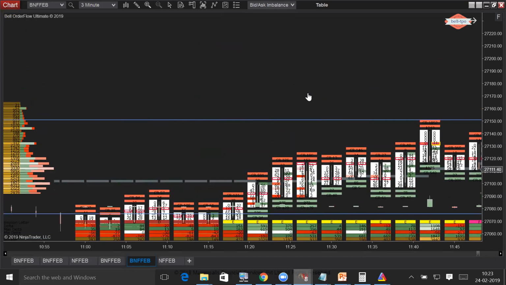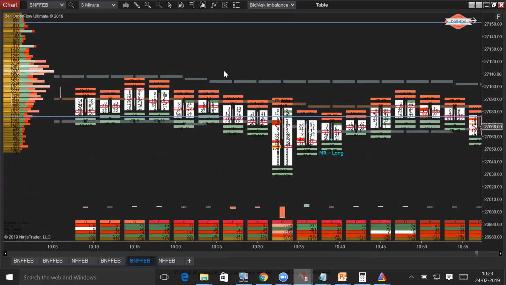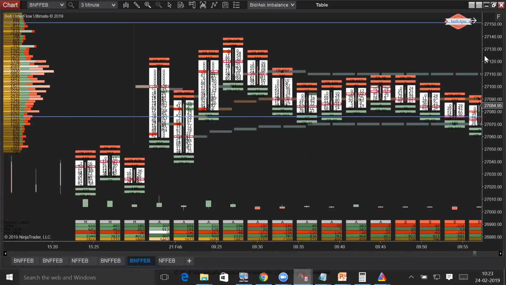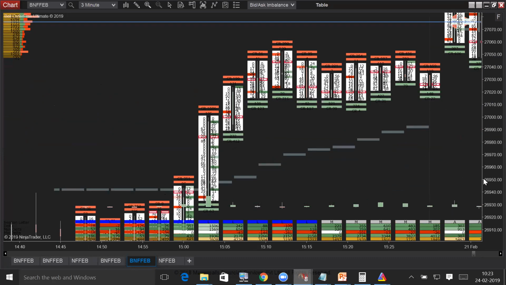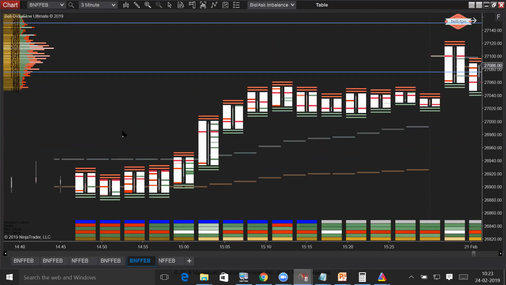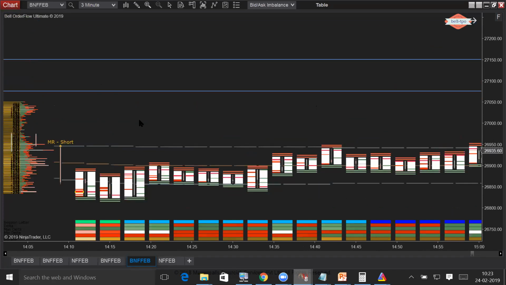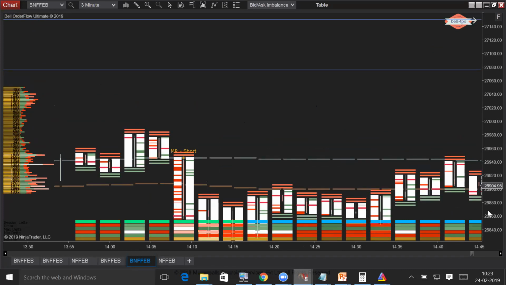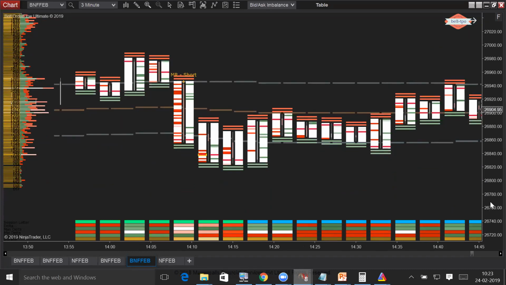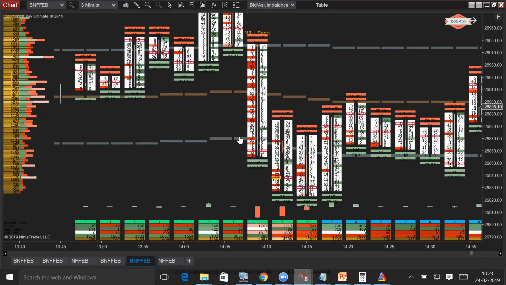Typically, I believe, recently there are no such examples in Bank Nifty. Let me check if I'm able to get one. This is pretty close to the high. Not much here as well.